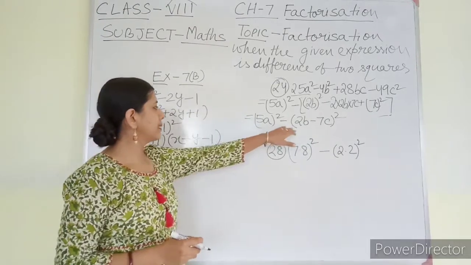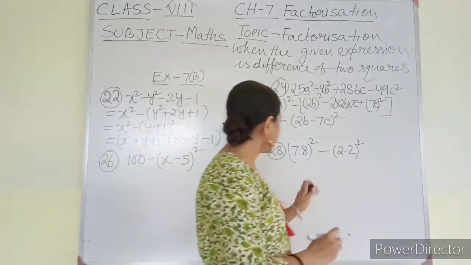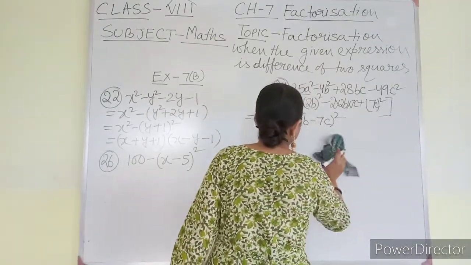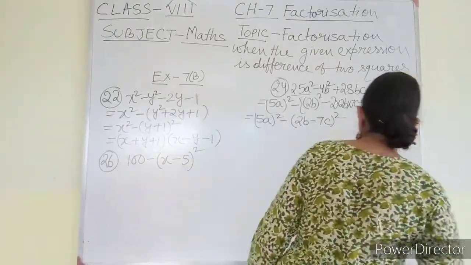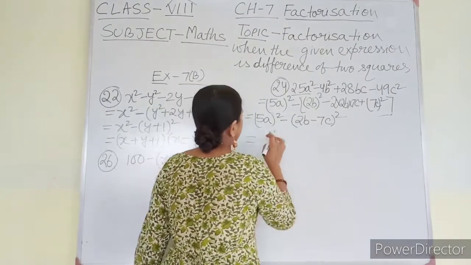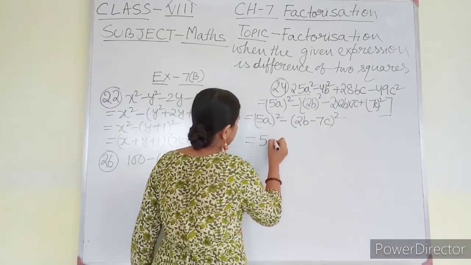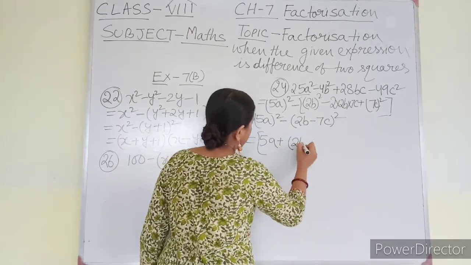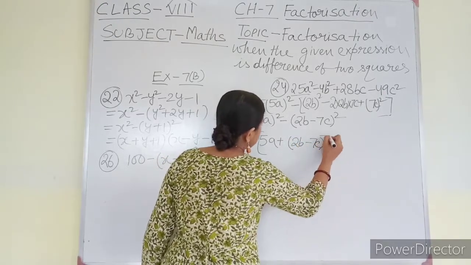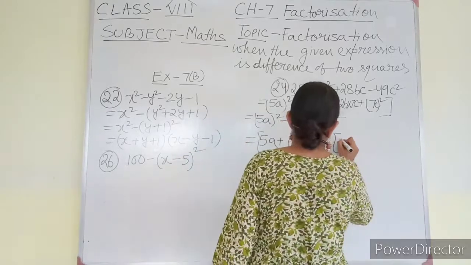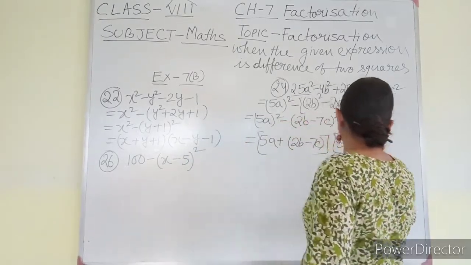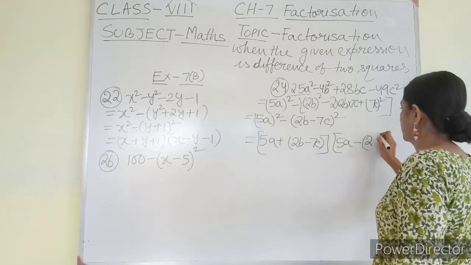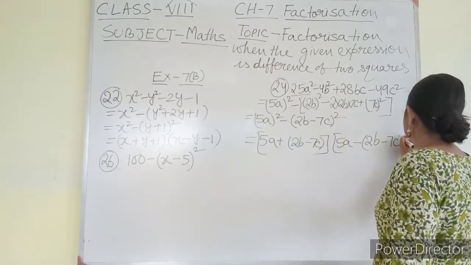So this is a and this is b. Let me rub this one because I need more space. So I will write it again. So what I am getting here, a plus b, a minus b. 5a plus 2b minus 7c, and 5a minus 2b plus 7c.